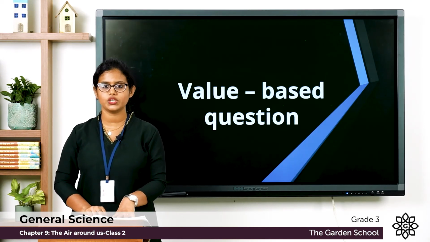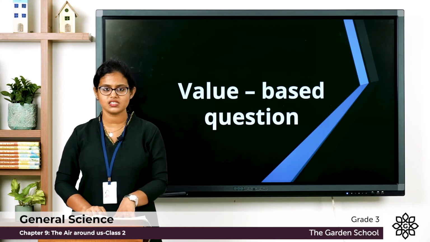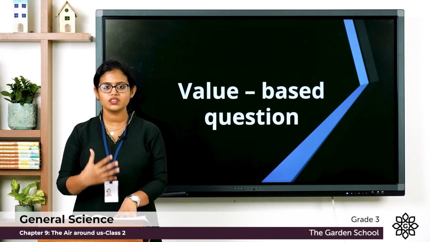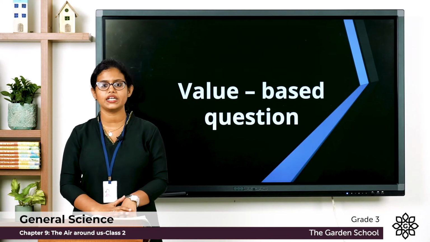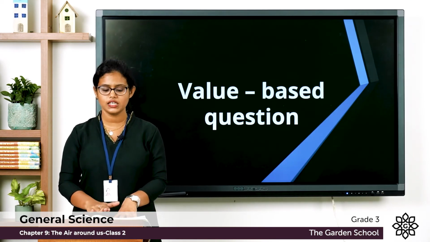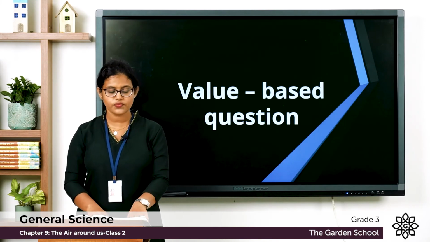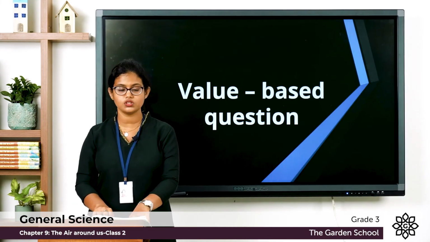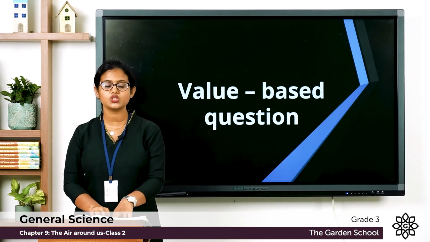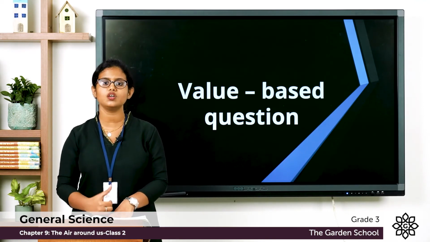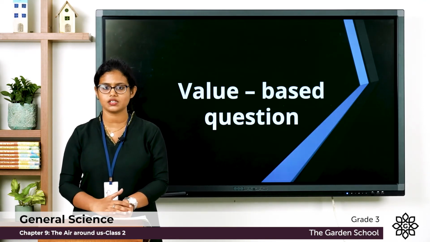So what you have to do is, I'll read out these questions and you have to think over it and write down the answers next to the question. First one, will you caution the person not to do it again? Just think over and you can write the answer.